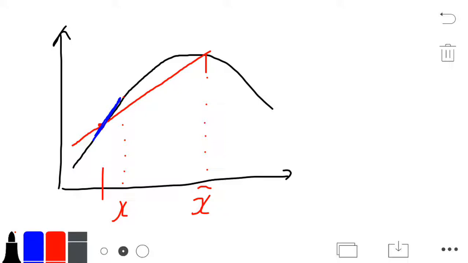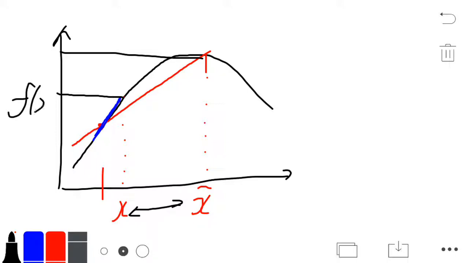So there is some discrepancy here between x and x tilde, which also means there's going to be a discrepancy between f of x and our approximation f tilde.